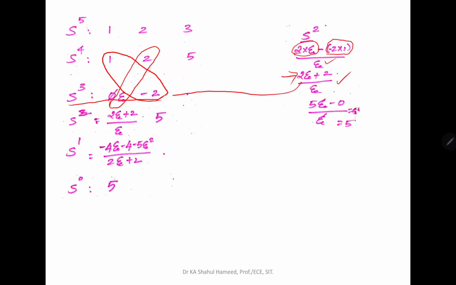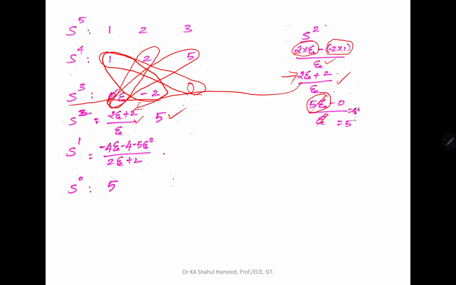Then the next one is formed by multiplying epsilon into 5, minus 0 into 1, divided by epsilon. So 5 epsilon minus 0 divided by epsilon is equal to 5, because epsilon cancels.